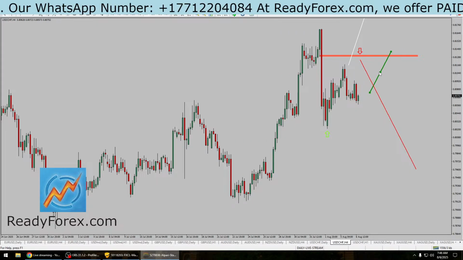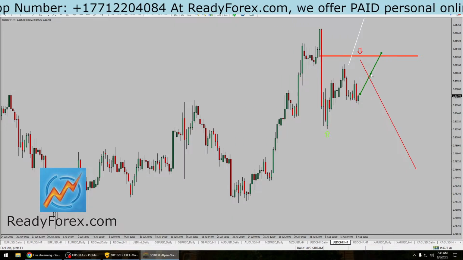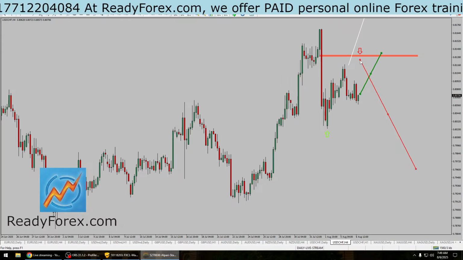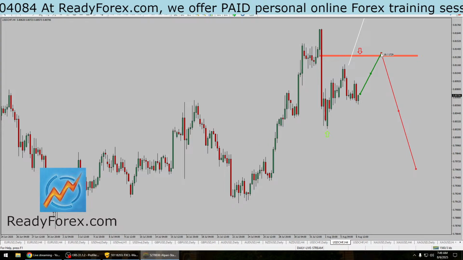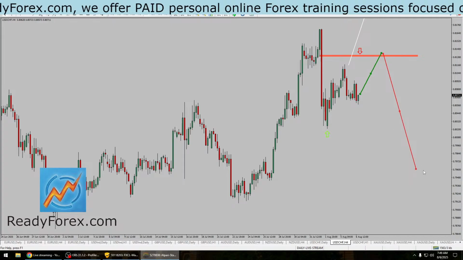It's also quite possible that price action is going to rise more in the US dollar Swiss franc currency pair, and we might get a test of this resistance area.